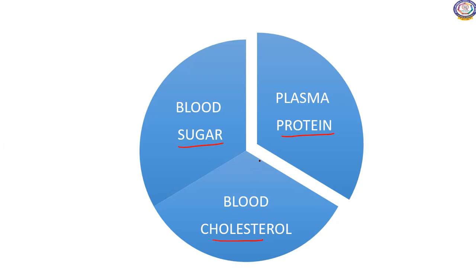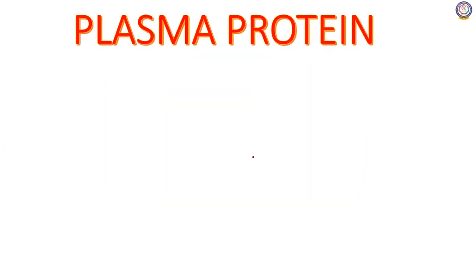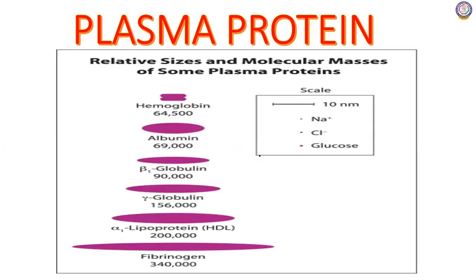So everything we are going to deal with is in the plasma. First, we'll see about plasma protein. Here, the total configuration of this plasma protein is seen with the relative size, and you can see the amount distribution also, in the measurement of 10 nanometer.